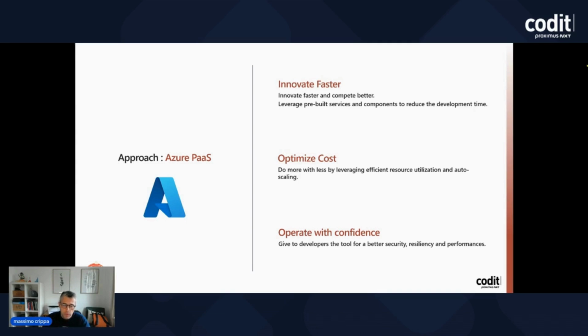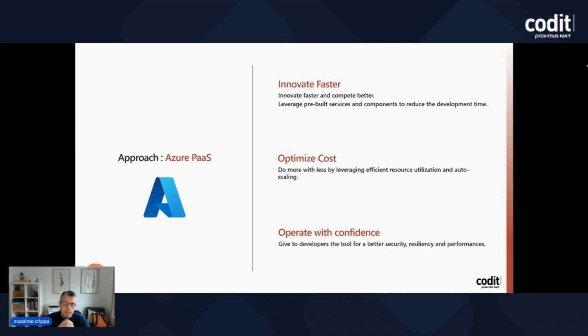They don't have to reinvent the wheel or build a feature that is already present in a component. They want to optimize the cost by making sure that we are using those resources efficiently in the cloud. We only pay per use, and we don't have to incur a huge cost.